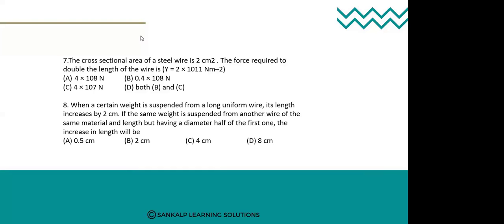The force required to double the length of the wire is asked. In the bracket, they have given the value of Young's modulus as 2 into 10 to the power of 11. So we need to calculate the force required to double the length of the wire.